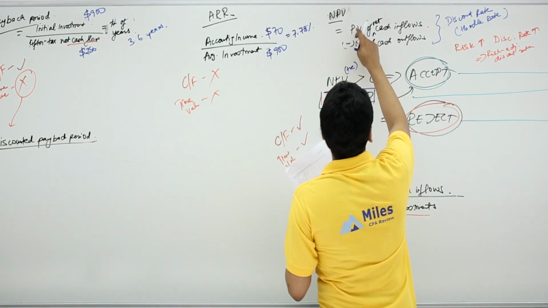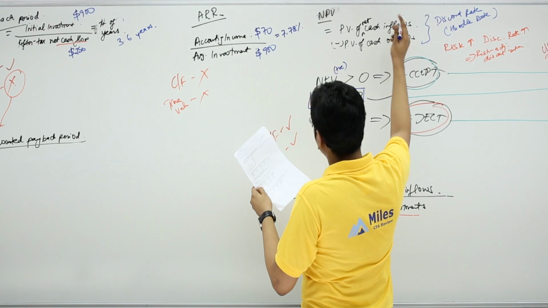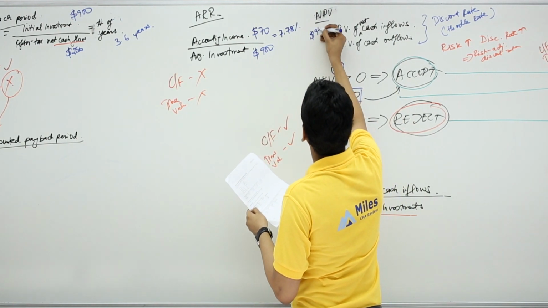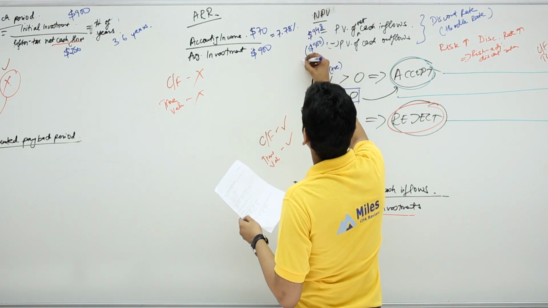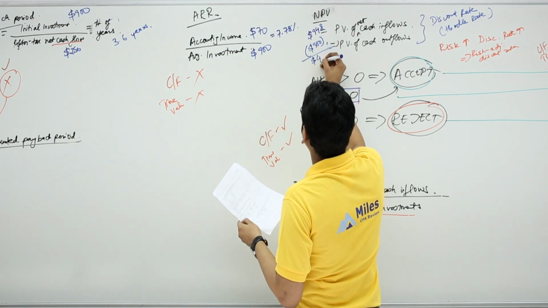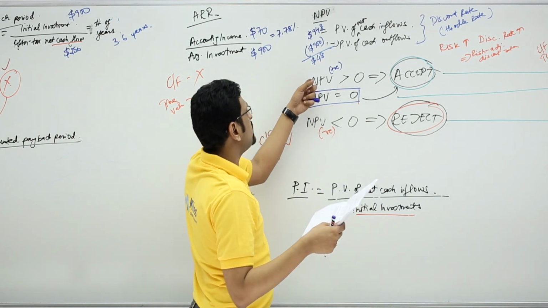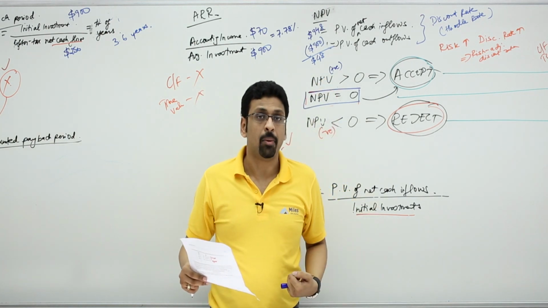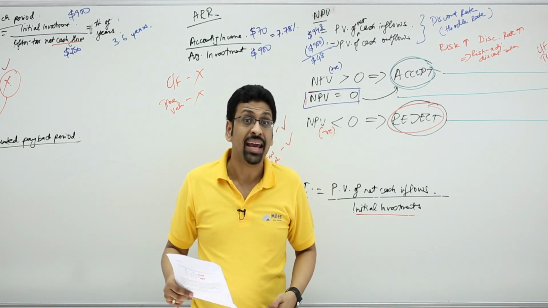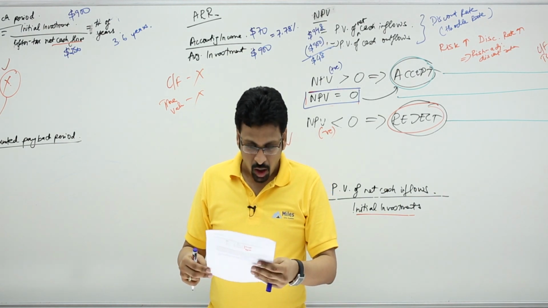So we got present value of net cash inflows, that's $948. Present value of cash outflows, that's $900. So what's the net present value? That's $48. Is the net present value positive? Yes, it is. Accept the project. Go ahead with purchasing the machine. It's a good capital budgeting technique.